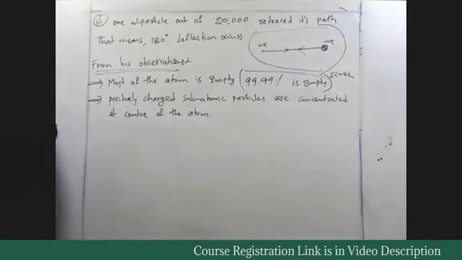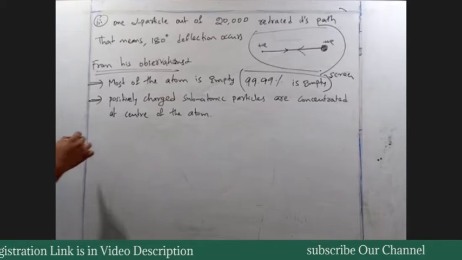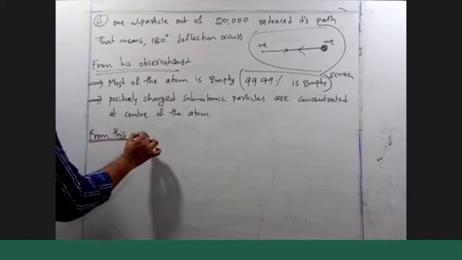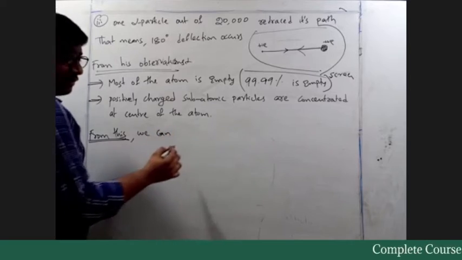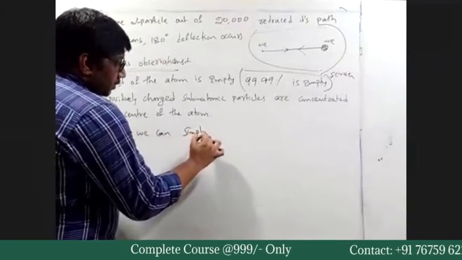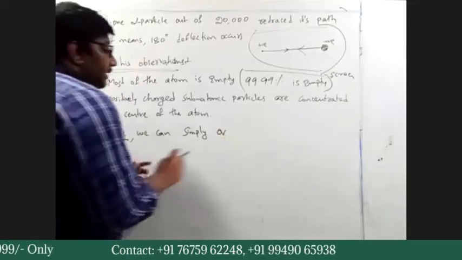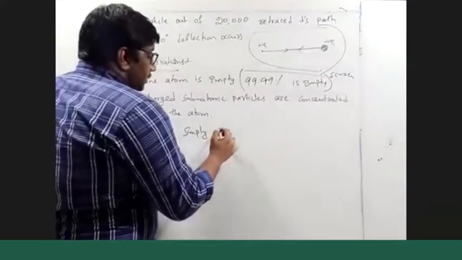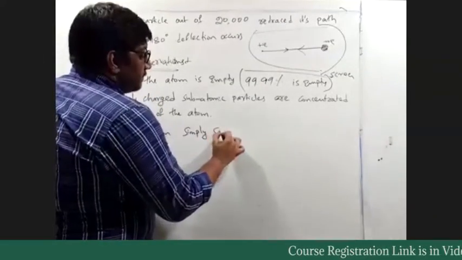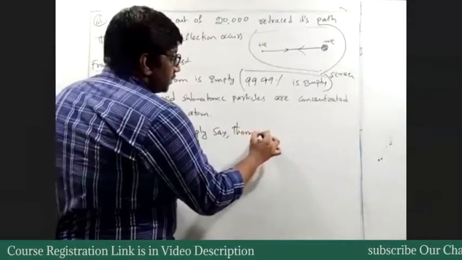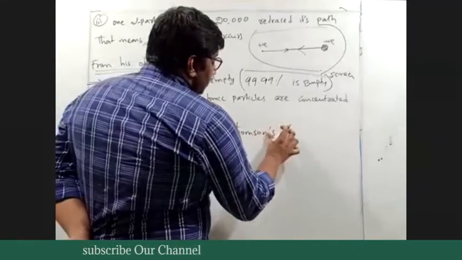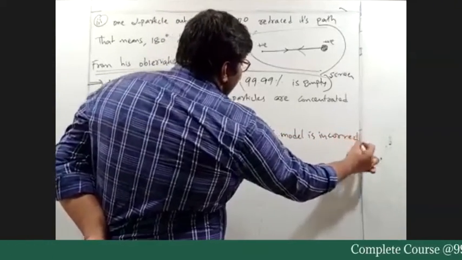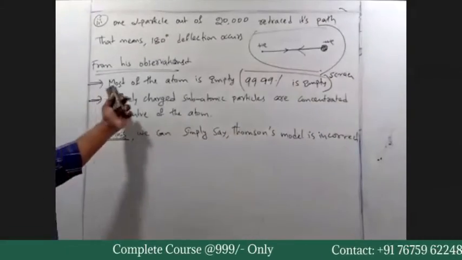So from his observations, we have the results. From this, we can simply say Thomson's model is incorrect. Yes or no? From his experiments, what he observed is that most of the atom is empty.